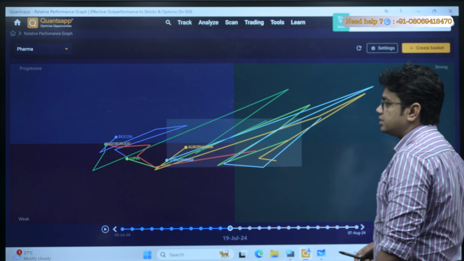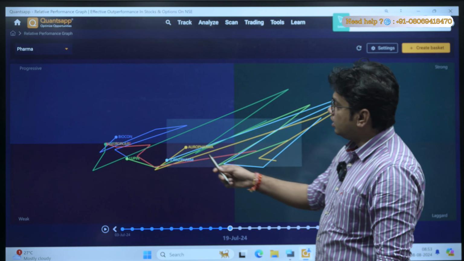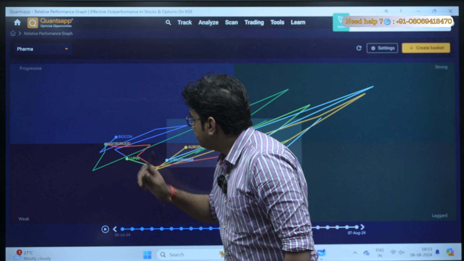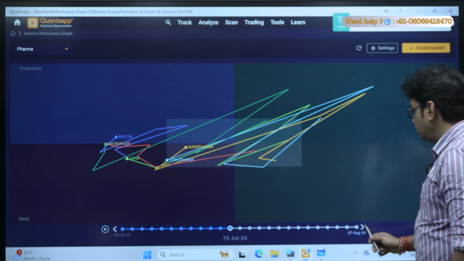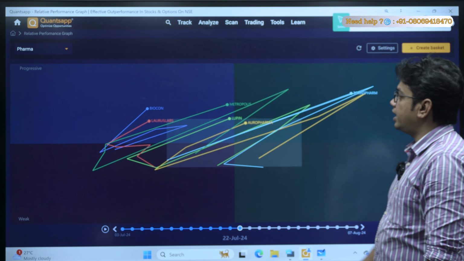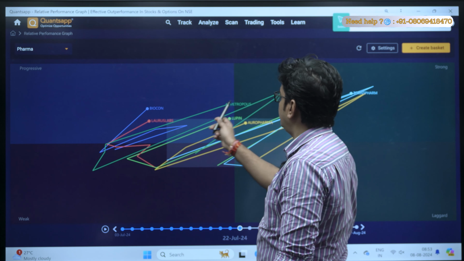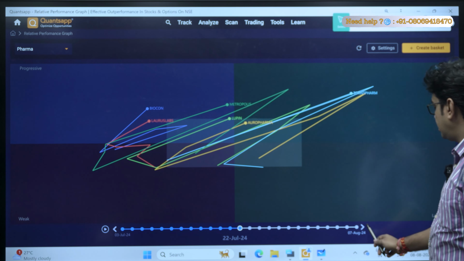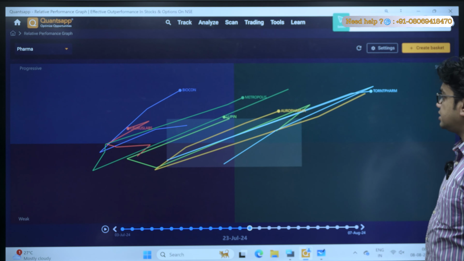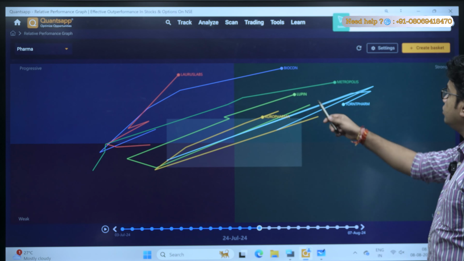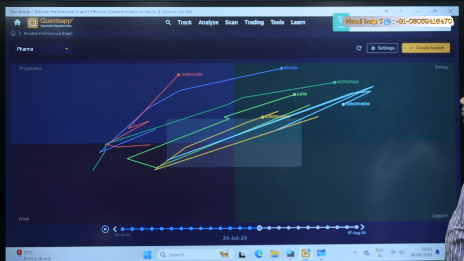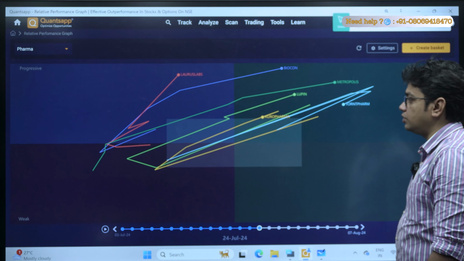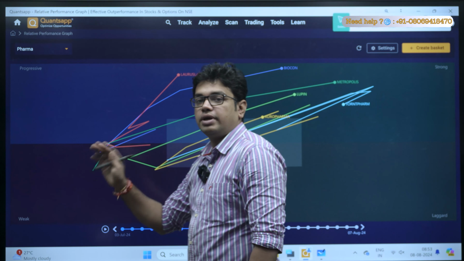Now you can see Laurus Lab and Metropolis entering into the progressive zone. Laurus Lab, Biocon entering into the progressive zone. Now you can see on the next day how it is moving to the strong zone. So that is how you are going to make the profit.